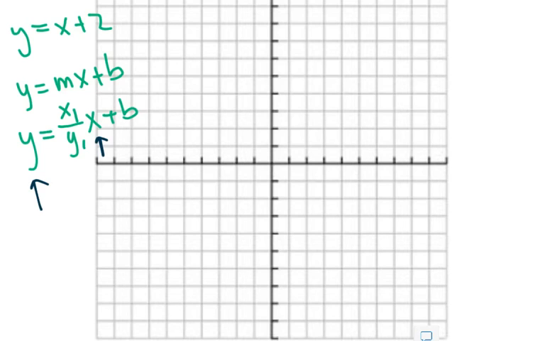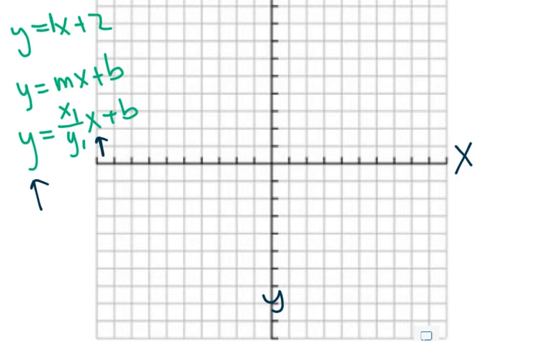When we're dealing with a coordinate plane like this, the horizontal is our x-axis, the vertical is our y-axis. That's what this x stands for, and this y stands for this y. The m is this whole thing, not separated. They'll have numbers in there. Same with b. So y equals x plus 2.